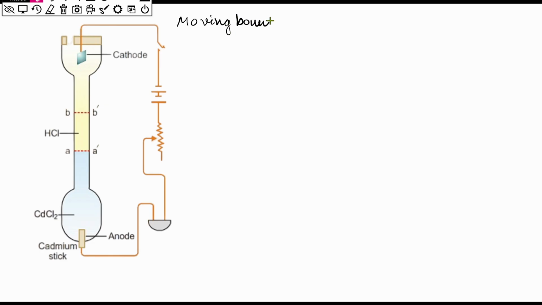In this setup, one thing is very evident: there are two solutions, this yellow colored solution and this blue colored solution. The yellow colored solution is HCl solution and the blue colored solution is cadmium chloride solution. They are placed in this way.